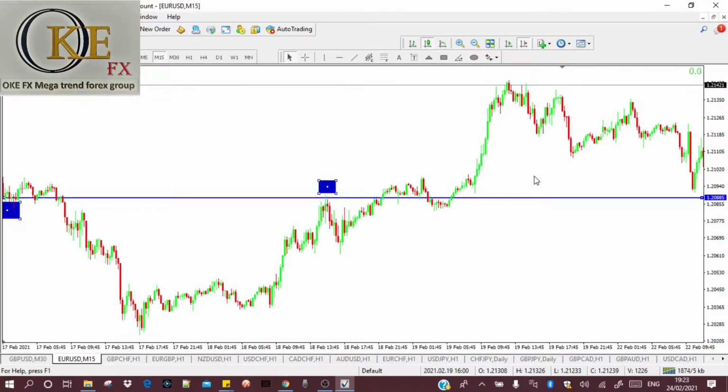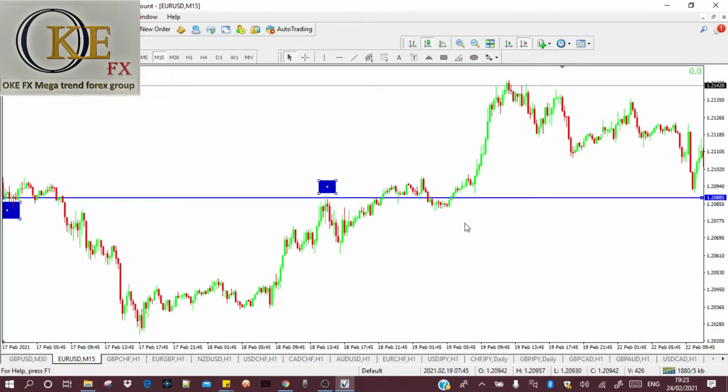And then resistance is an area, a zone, or a line that prevents prices from continuously going up. So it's a temporary resistance that prices meet when going up. Now, you all know that when we are going up in the forex market, we are talking about buy, and when we are going down, we are selling for you to be profitable.